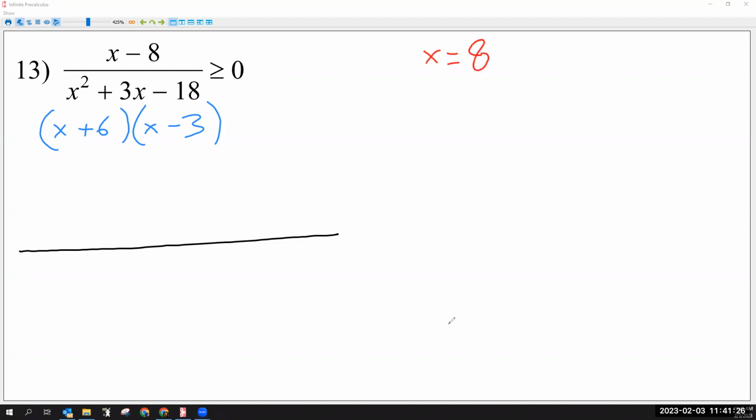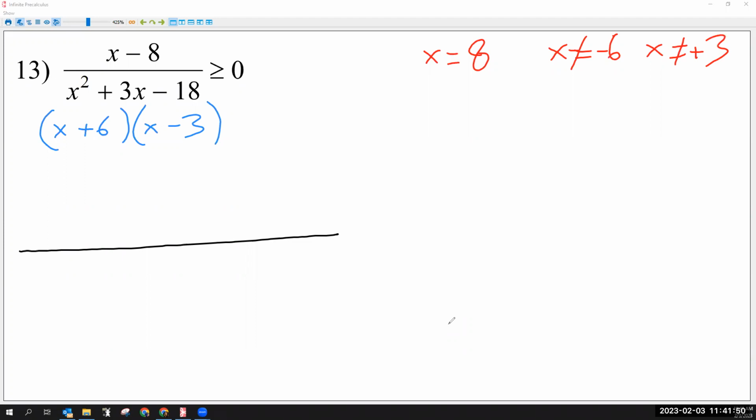X equals 8. All right, so because for the bottom ones, kind of to show that those are the ones from the bottom, I put the little line through it, so X cannot equal those, just so I can remember.